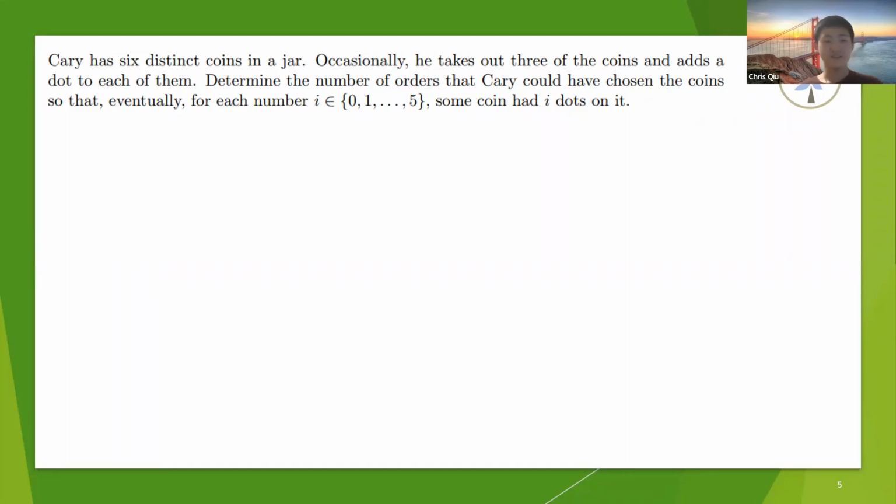So just as a prologue to the solution of this problem, something very important in this problem and many other problems is to draw a visualization of the data that we're given. I'll start talking about the solution in around 2 minutes.